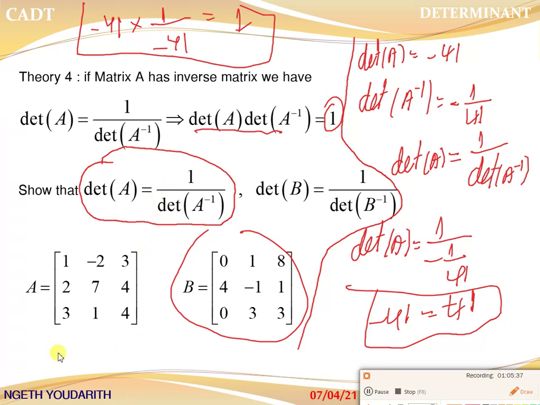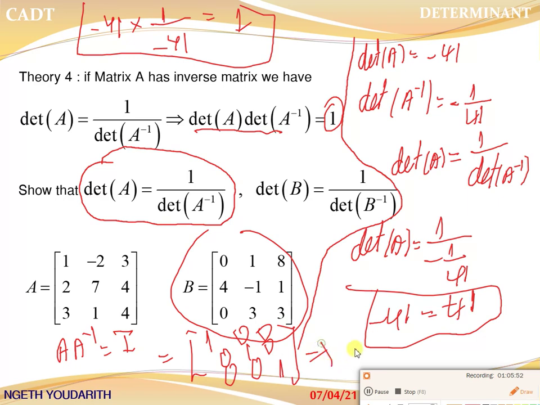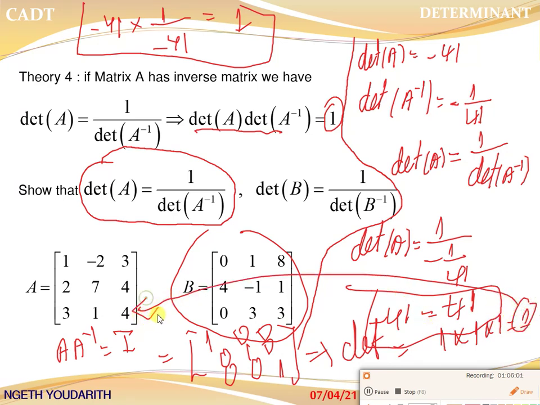Because in our matrix, A power minus 1 is E. So E, if 3 by 3, is 1, 0, 0, 0, 1, 0, 0, 0, 1. We get the determinant is 1 multiplied by 1 multiplied by 1 is equal 1. So we get about this. It relates from our inverse matrix in this case. So remember the determinant of A multiplied with determinant of A power minus 1 is equal to 1.